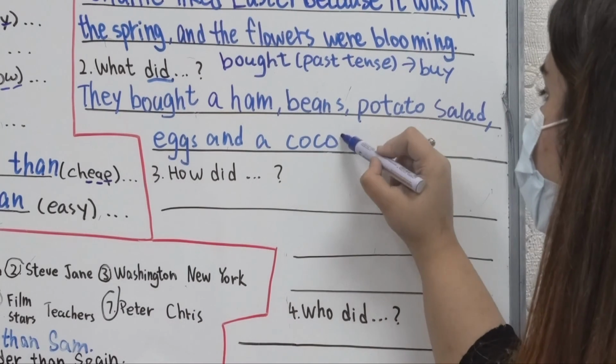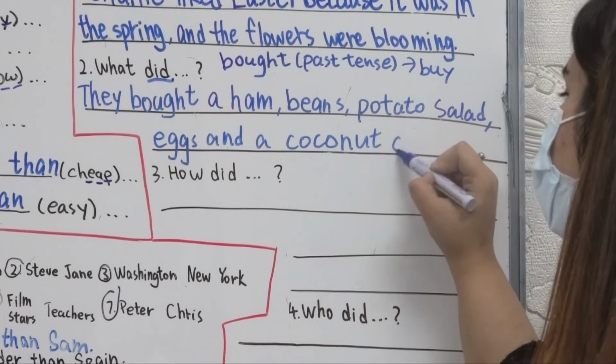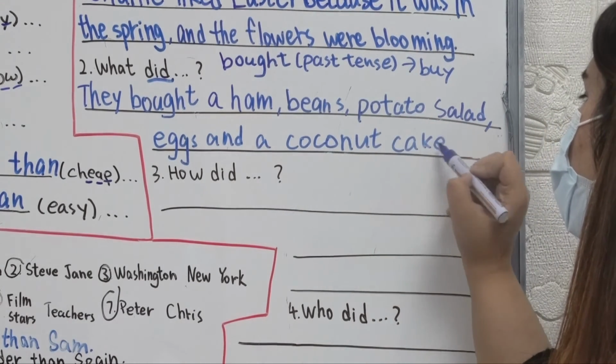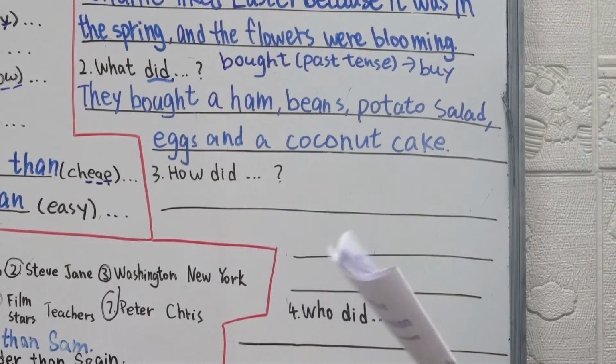Yes. Right? They bought a ham, beans, potato salad, eggs, and a coconut cake.